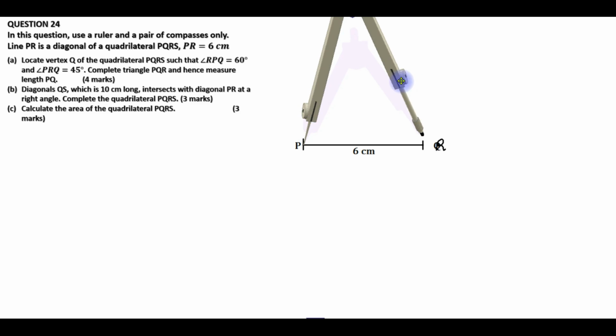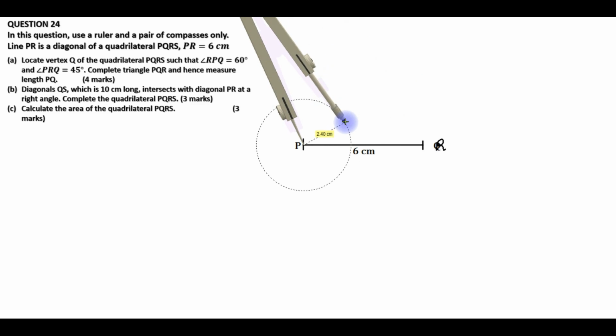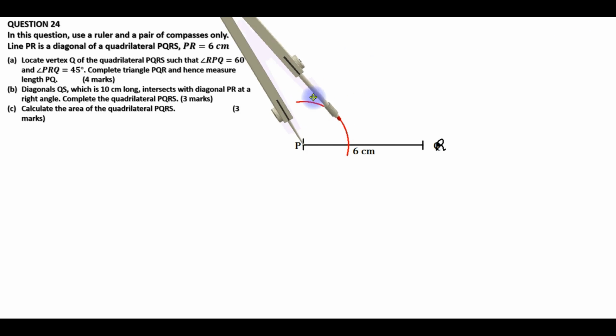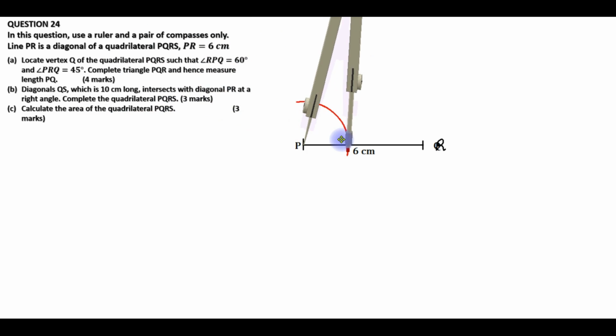In that case, I'll just adjust the length of the compass, the radius, and then I put a mark.